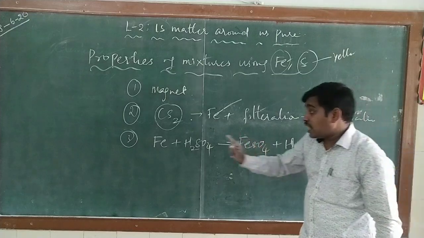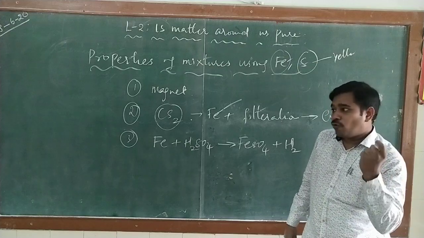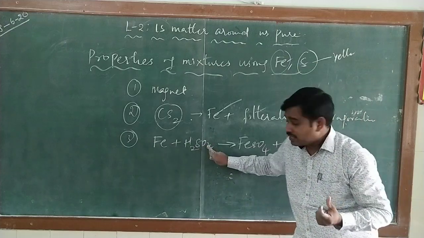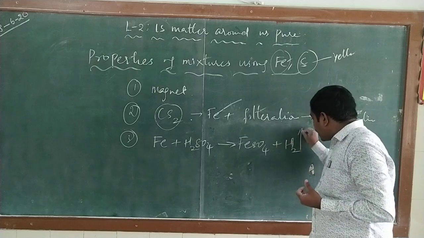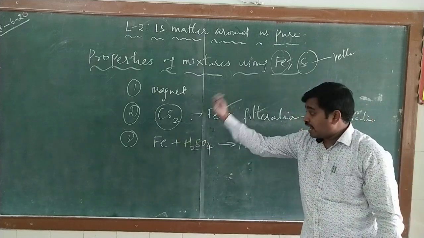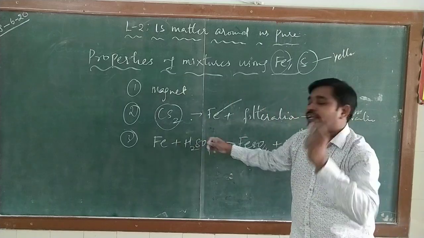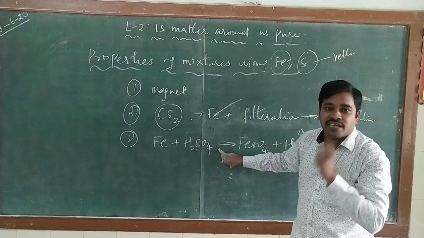Remember one thing, sulfur cannot react with the sulfuric acid because sulfur is a non-metal. Only metals react with the acid and release a colorless gas called hydrogen gas. So when a mixture of iron and sulfur reacts with sulfuric acid, only iron reacts, whereas sulfur cannot react.